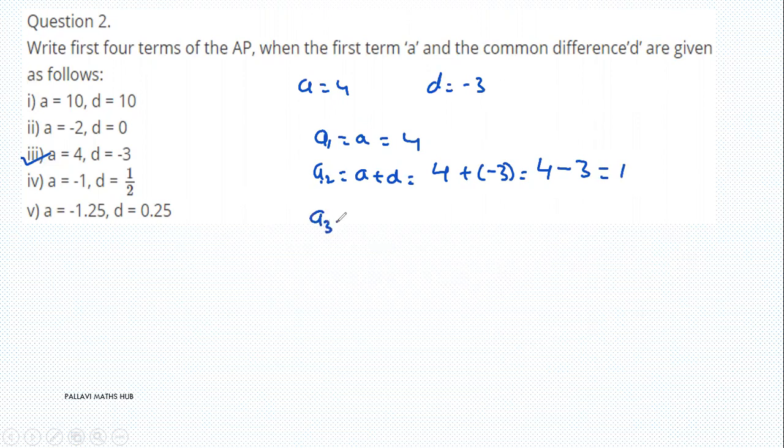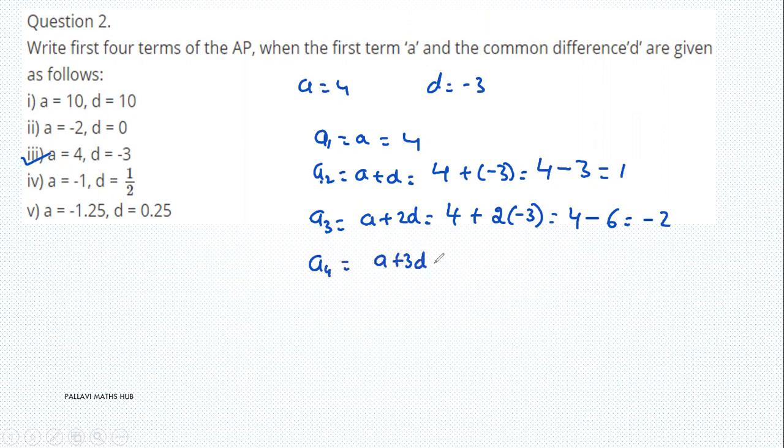Find out a3. a3 is equal to a plus 2d. The value of a is 4 plus 2 into the value of d, minus 3, which is equal to 4 plus into minus, minus 6, which is equal to minus 2. Next, find out a4. a4 is equal to a plus 3d.